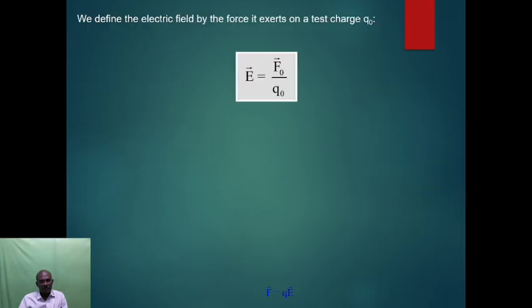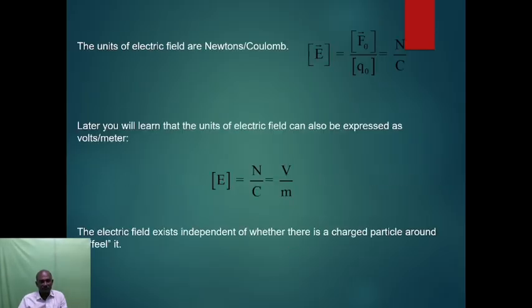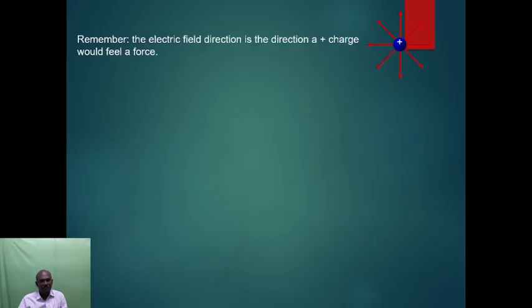Then electric field intensity. Electric field is nothing but force on unit charge, that is, the force on any 1 coulomb charge. If F is in newton, the unit of electric field is newton per coulomb, or volt per meter.